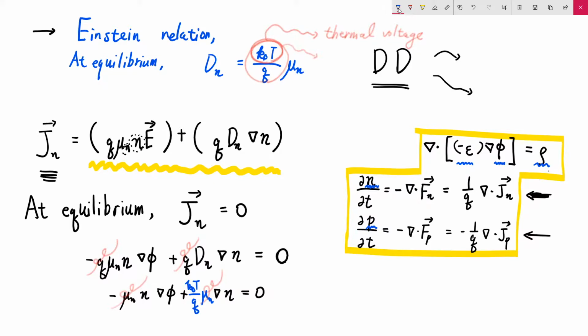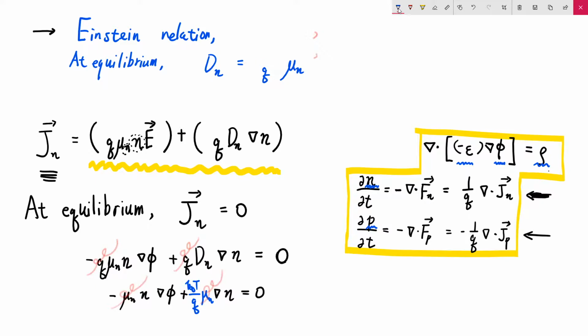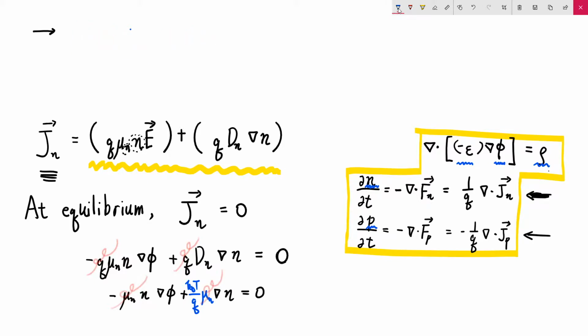So why don't you write down here, in the upper part. Then it will read minus n gradient of phi plus kBT over q gradient of n equal to 0.